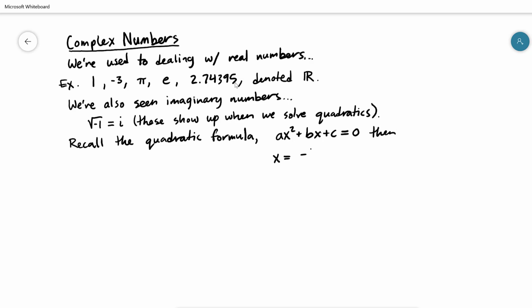X is equal to -b plus or minus the square root of b squared minus 4ac, whole thing over 2a. Well, it's this piece right here with the square root that yields what can possibly become imaginary numbers. So if b squared minus 4ac is negative, less than 0, then we get basically imaginary numbers from that term.